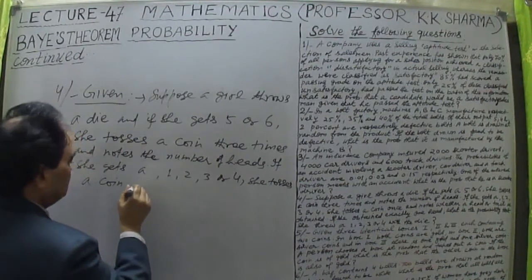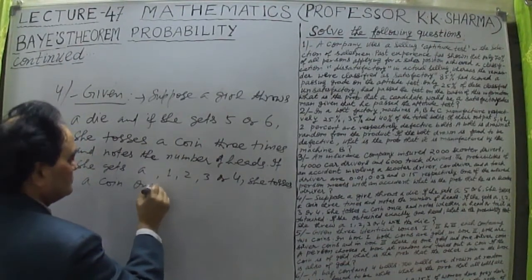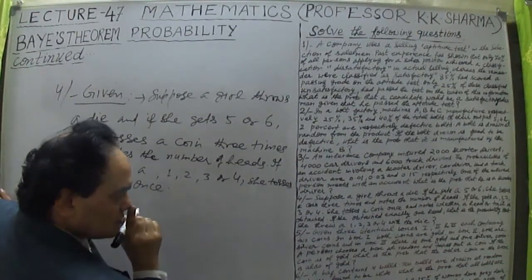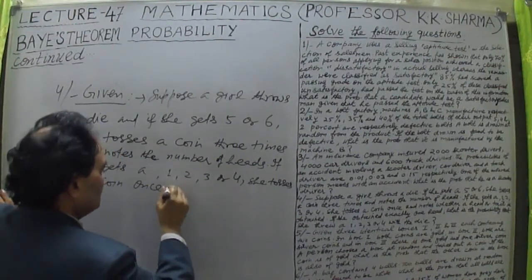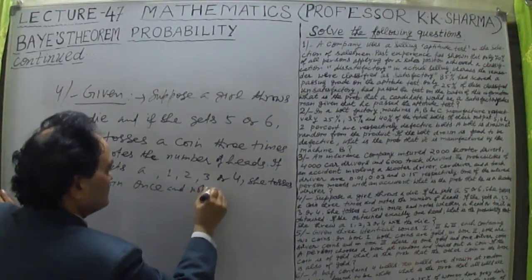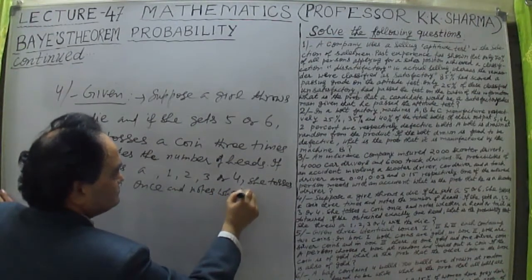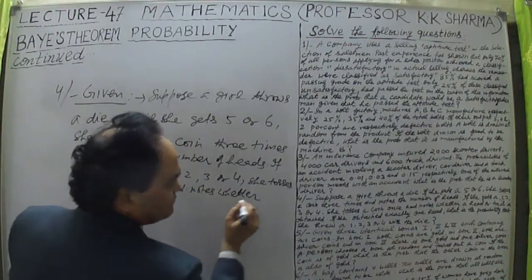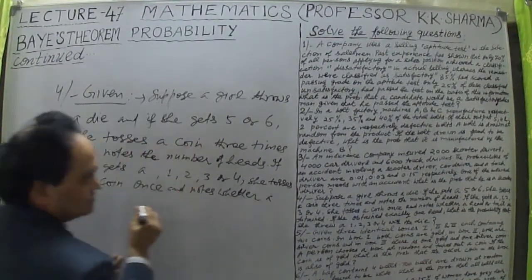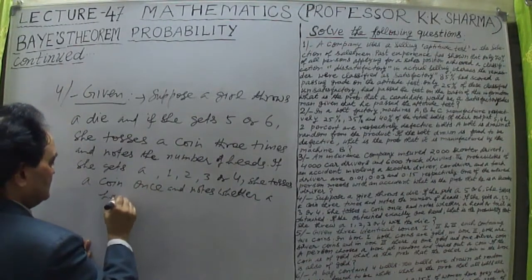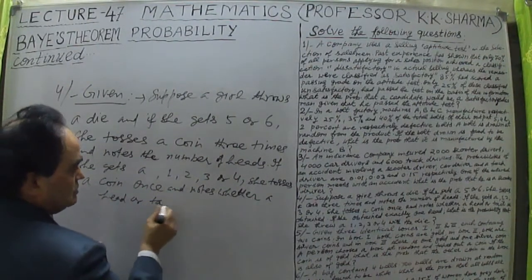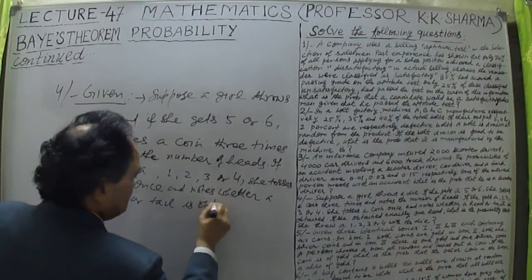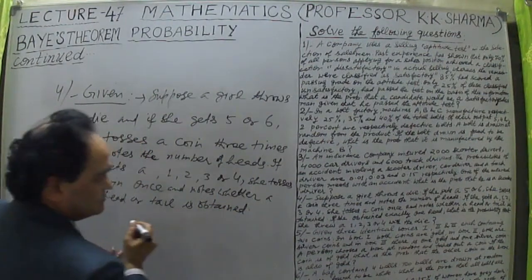She tosses a coin once, important point, and notes whether a head or tail is obtained. This is the event.